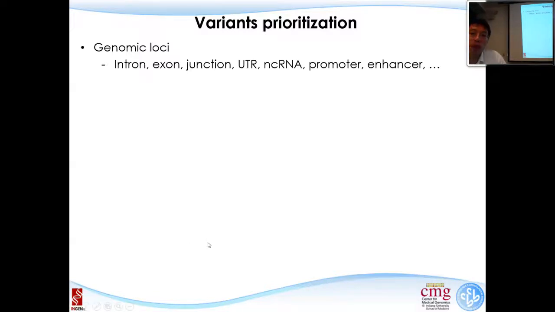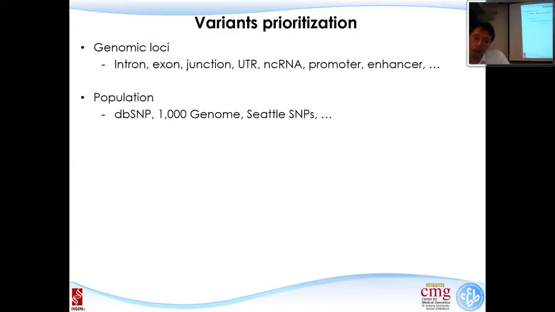Is that in the 3' UTR, where it can potentially influence microRNA targeting, or in the 5' UTR, where it can potentially influence translational control? Is that in non-coding RNA? Is that in the promoter or enhancer regions? Regardless of what you do with it, you have to do a level of annotation to see which part of the genomic region they are in.